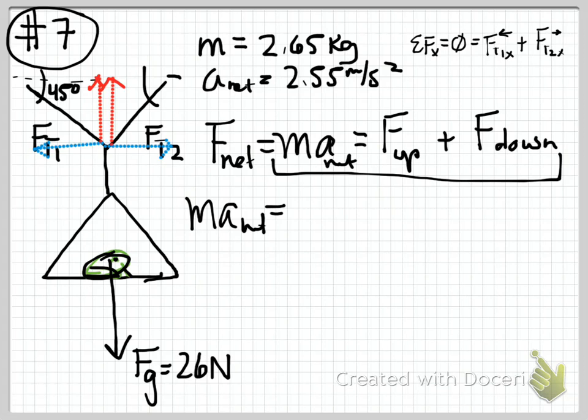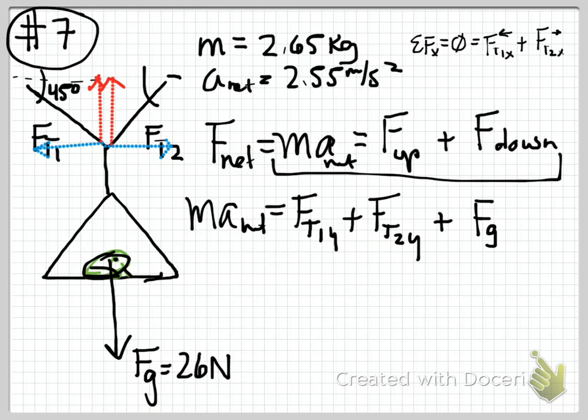So the pressure that the plate is exerting upward on him is really tension from the cables. So we have F of T1 on the y plus F of T2 on the y plus, what's our force downward? Gravity. Gravity holds things to the earth, you see.